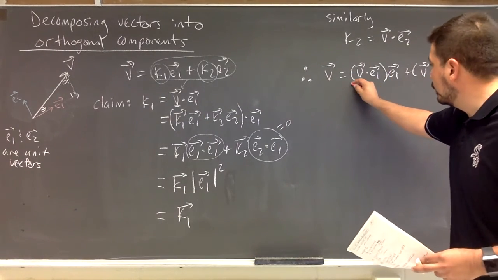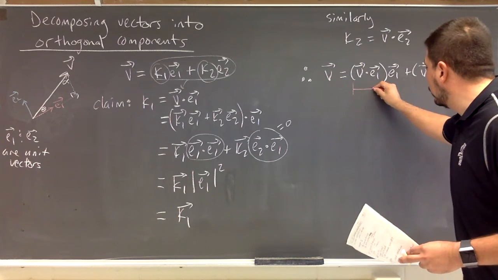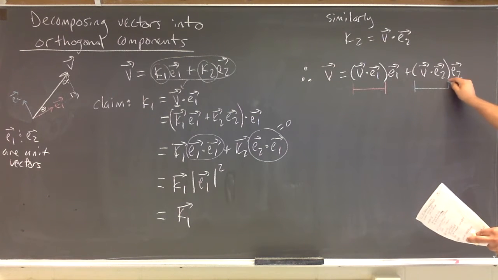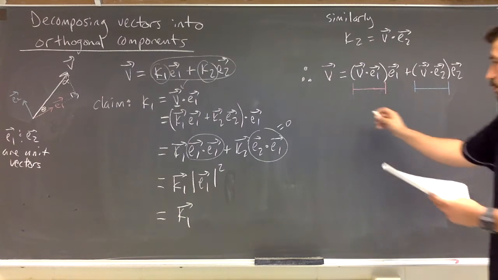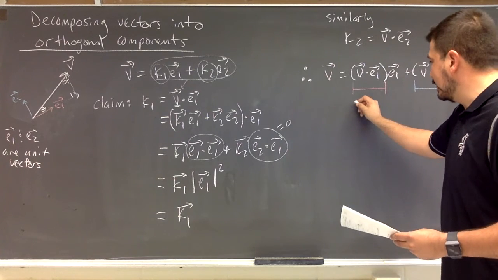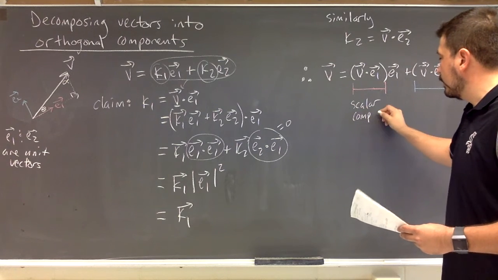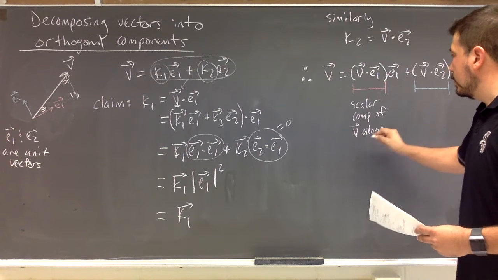And this portion here, so from here to here, and from here to here, this scalar, what used to be K1 and K2, we need to make very clear that we know that this is the scalar component of V along E1.